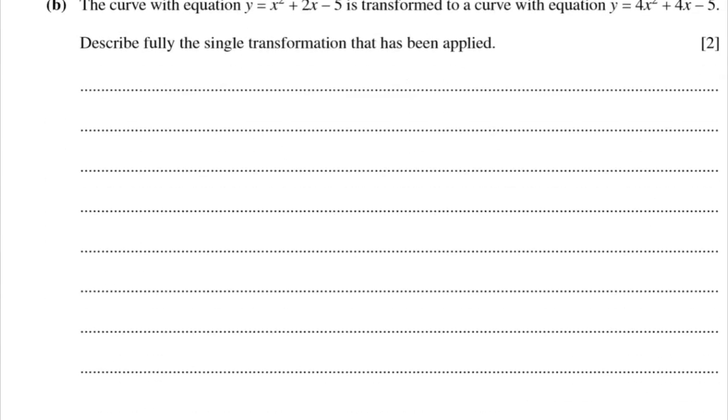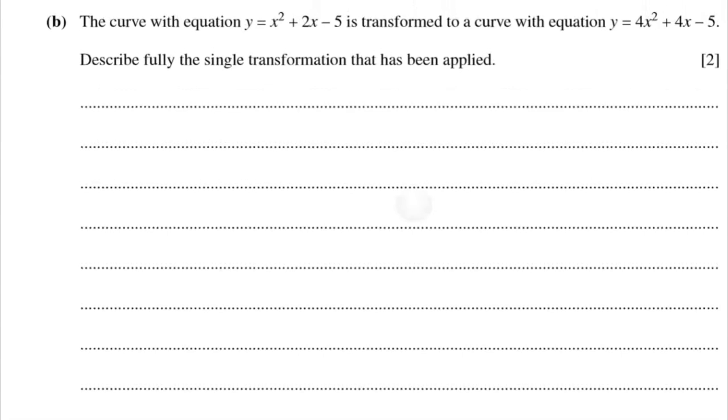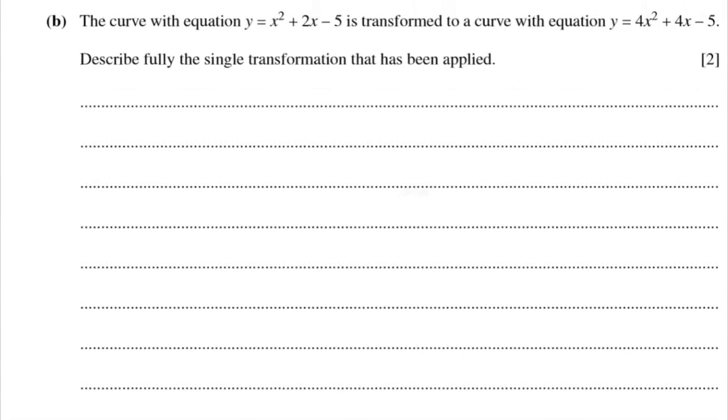We have a curve again. It's the same equation. It's transformed to a different equation, and we must describe a single transformation that has been applied. So there's only one thing that has happened here. And we need to go, well, what has happened?